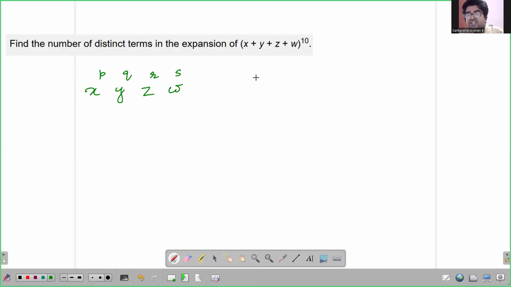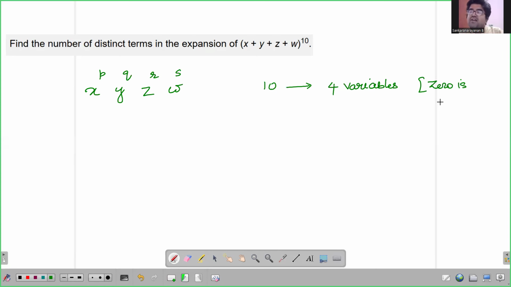What is your observation here? You have to distribute this total 10 among 4 variables. Which are those 4 variables? The 4 variables are P, Q, R, S, wherein anybody can take 0.